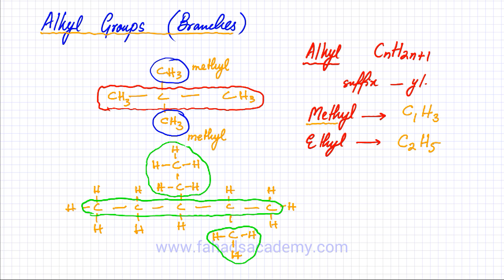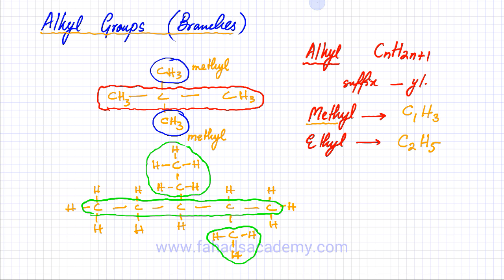So if it has 1 carbon atom, this branch would be called a methyl branch. And if you look at the general formula, let me draw it with another marker.